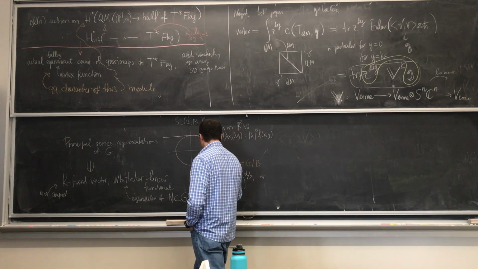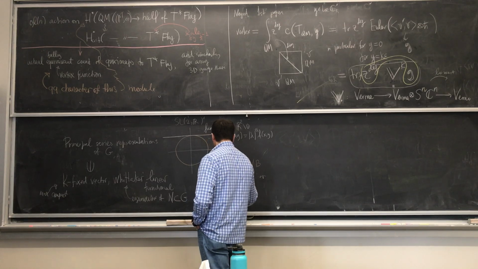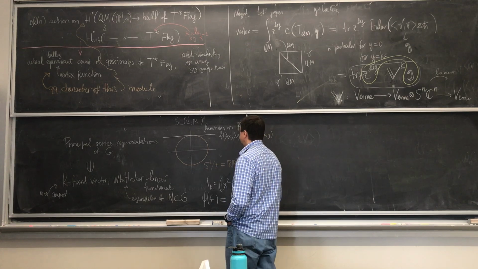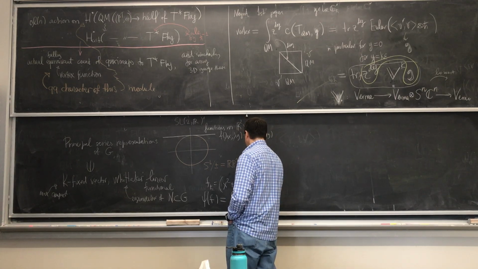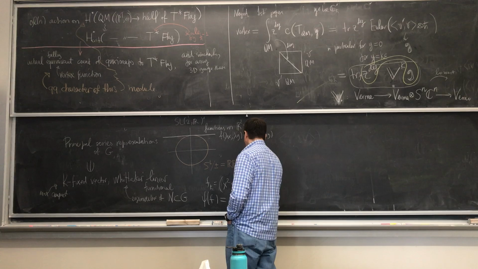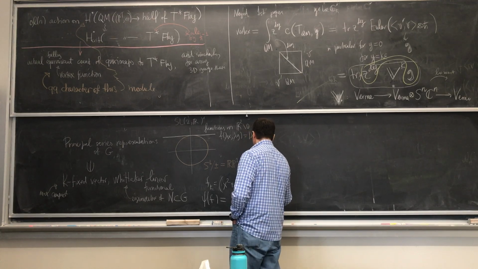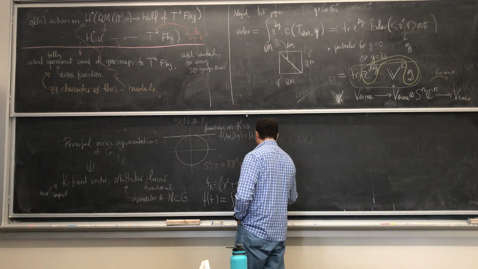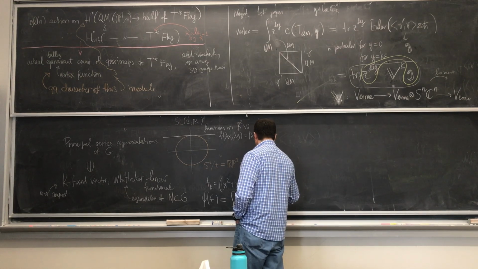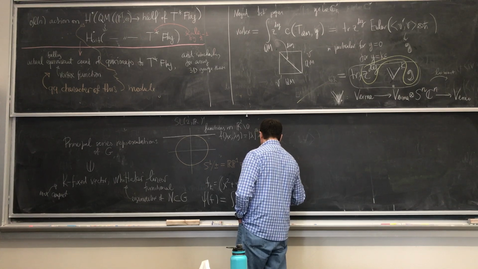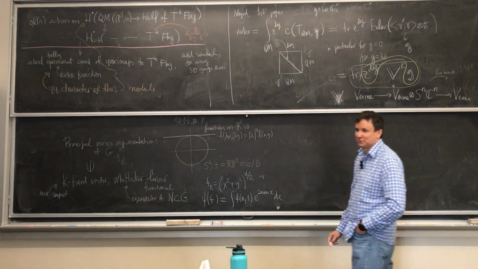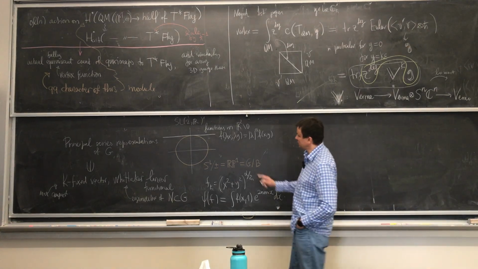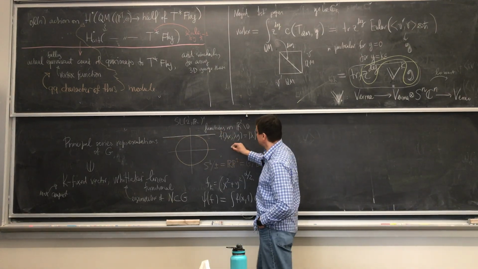So f_K is fixed, and this is something like the integral of f of 1, x times exponential of 2 pi i m x dx. It doesn't really matter what the parameter is. And so you integrate along the line; this is the orbit.